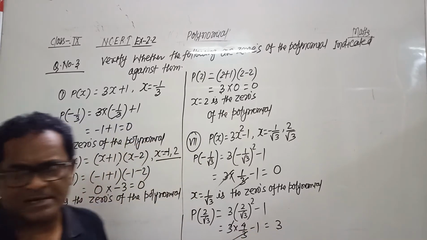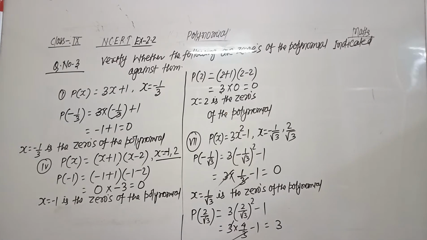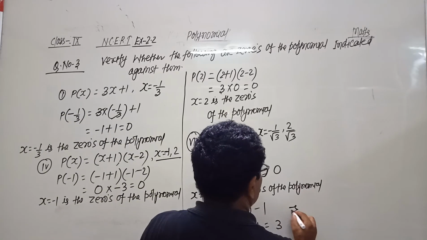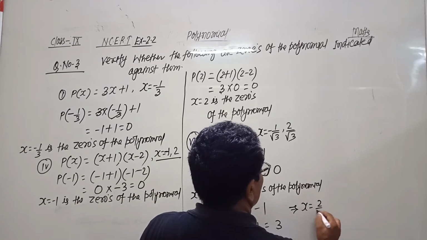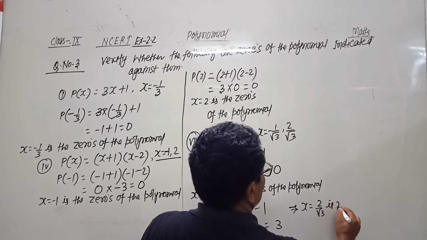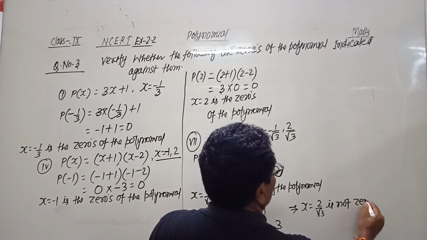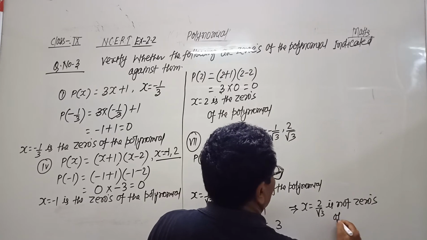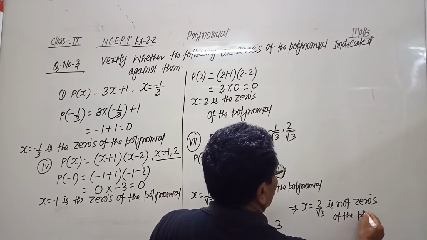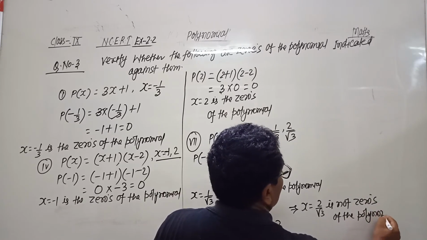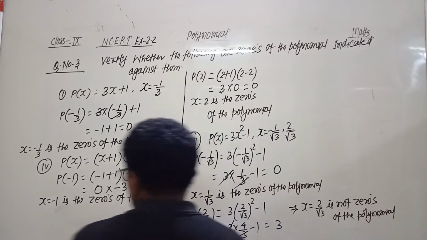Since the result doesn't come to be 0 when we put x equals 2 by root 3, we conclude that x equals 2 by root 3 is not a zero of the polynomial.